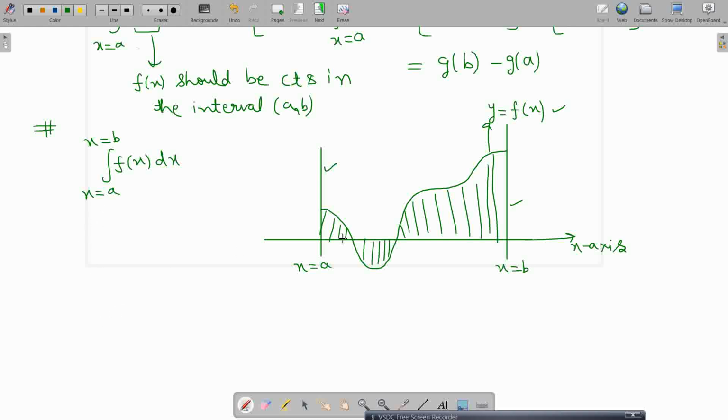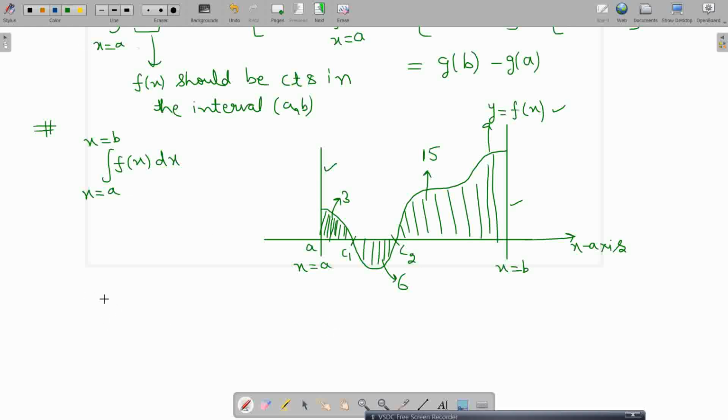See, let's suppose this point is c1, this point is c2. Okay, and I give you the information that the area from a to c1 is 3 units, from c1 to c2 the area is 6 units, and from c2 to b the area is 15 units. All right.